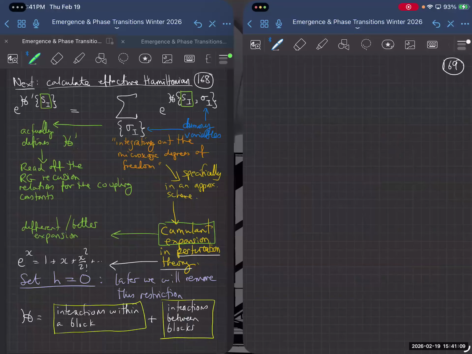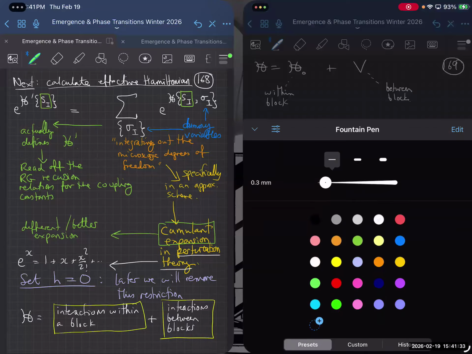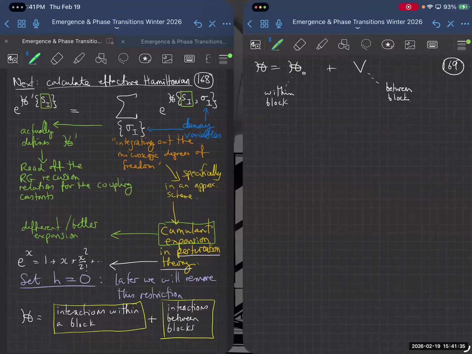So that means I'm going to write the Hamiltonian as some H naught, which is the interactions within blocks, plus V, which is interactions between blocks. So that's the idea. And what is the form of these things?